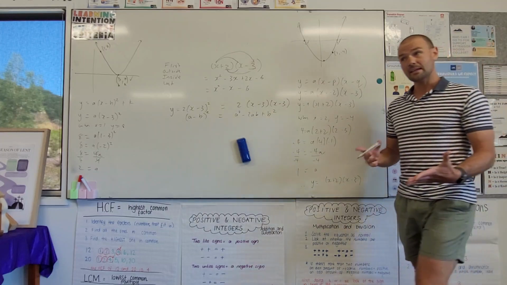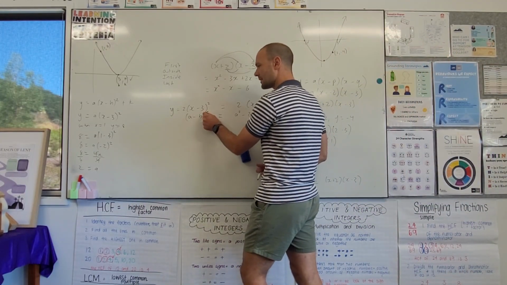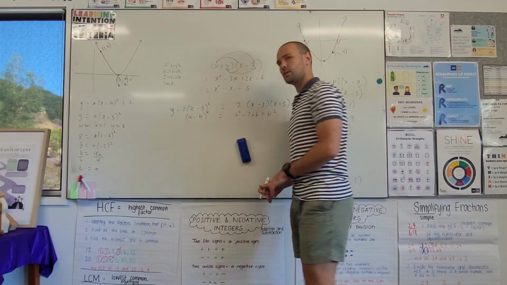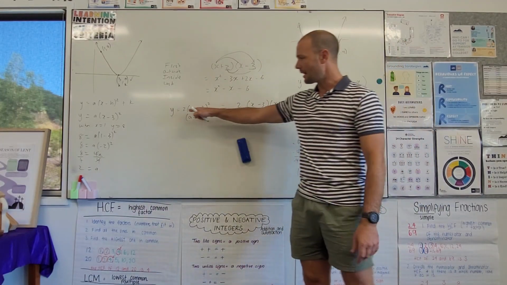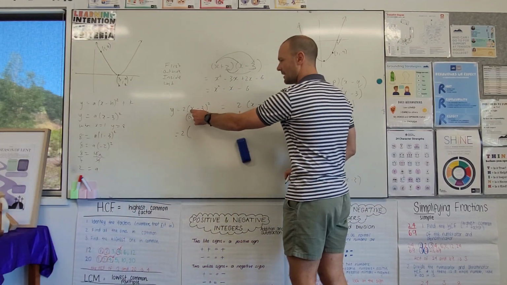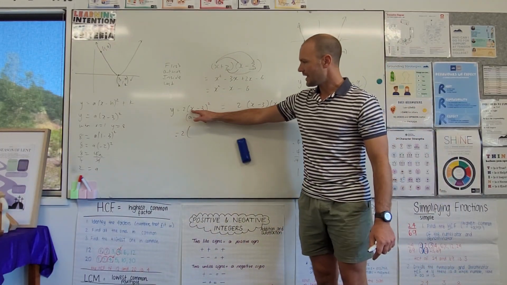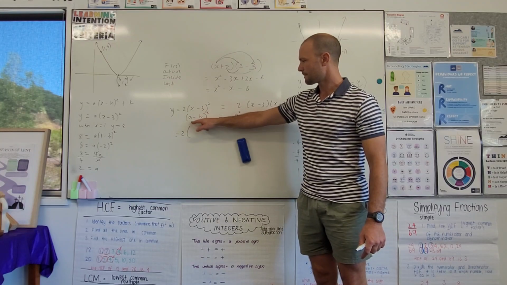Like with BEDMAS, we should do any operations in brackets, then exponents, then the multiple out the front. So we're going to leave that 2 out the front for now. And let's expand this bracket by doing the exponent. So a corresponds with x.